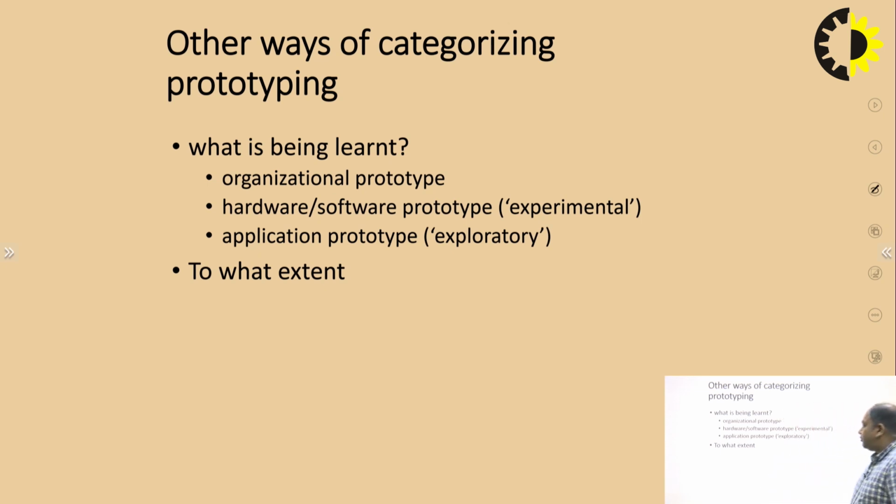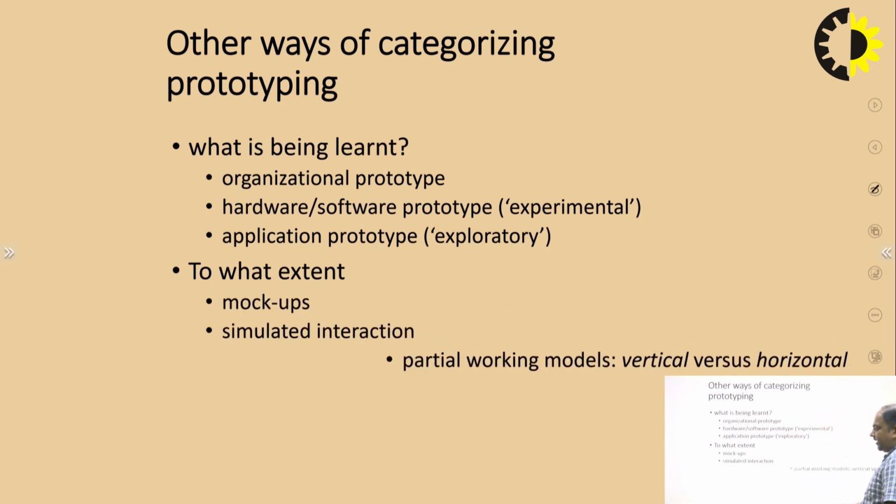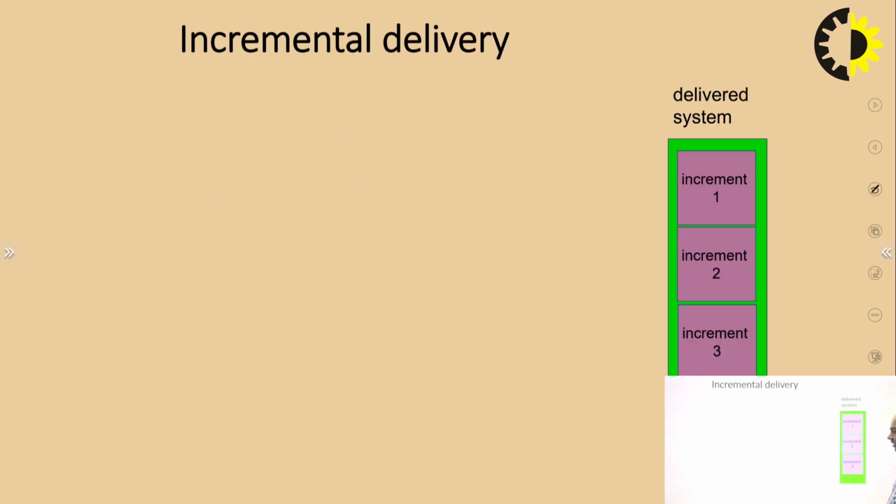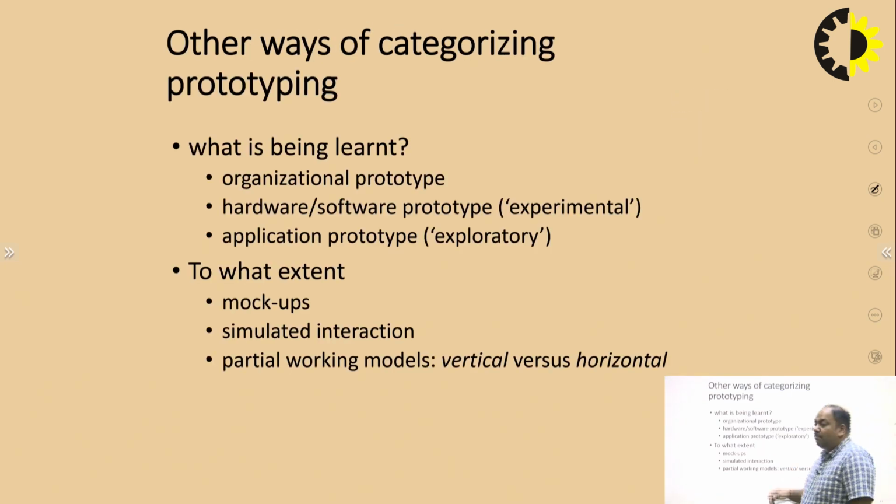An application prototype is exploratory, in which we explore what requirements are needed for this application, and to what extent. Mockups, simulated interaction, partial working models. What is a mockup? Like I said, we develop an automatic door system, but that does not work properly.